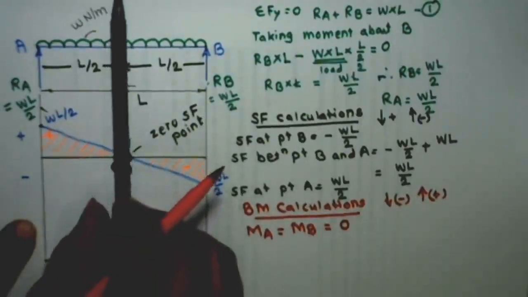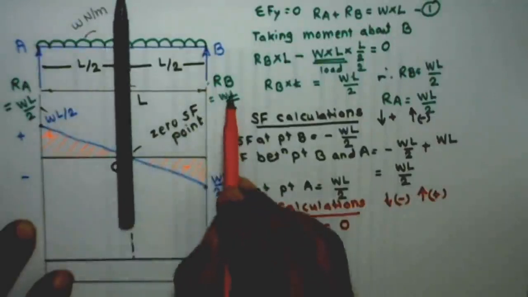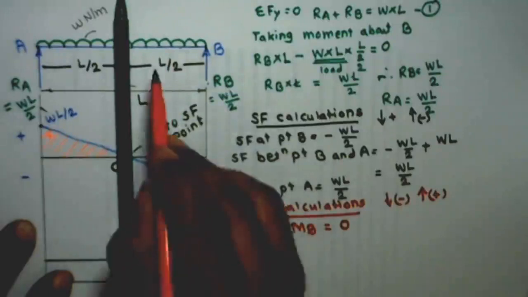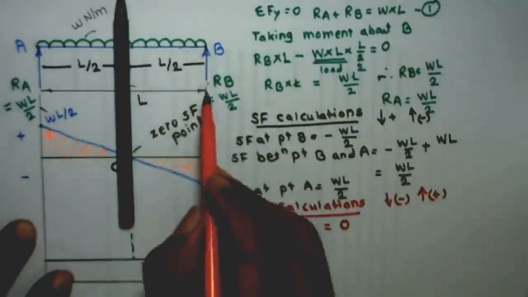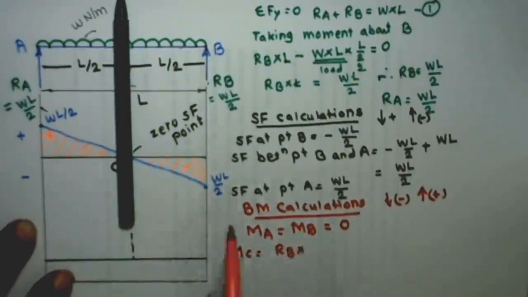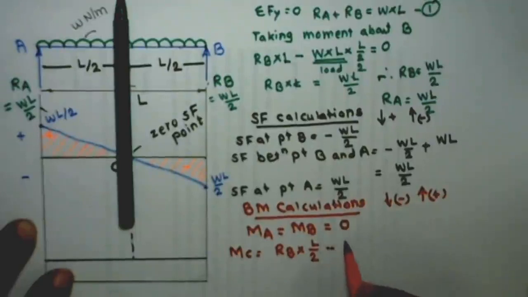On the right hand side I am getting RB acting in upward side, UDL acting downward side. So I have to consider only these two forces because I am going from right to left. So bending moment at point C is equal to RB and its distance up to the point C, that is L by 2, minus UDL.